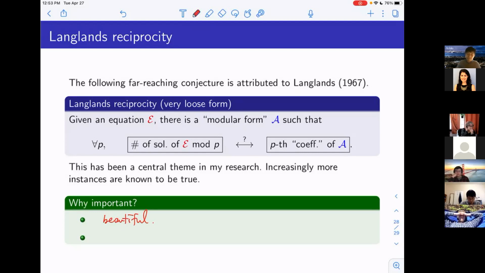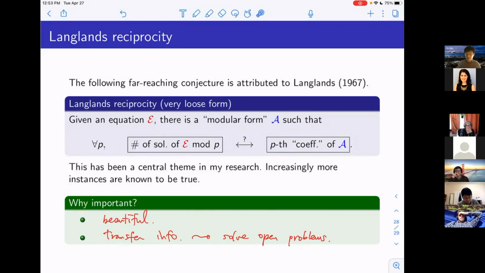And from the practical viewpoint, it also allows us to transfer information, and that's critical to solving open problems. Oh, I guess it's about time. So basically what that means is that we have this string of numbers here and this string of numbers here.